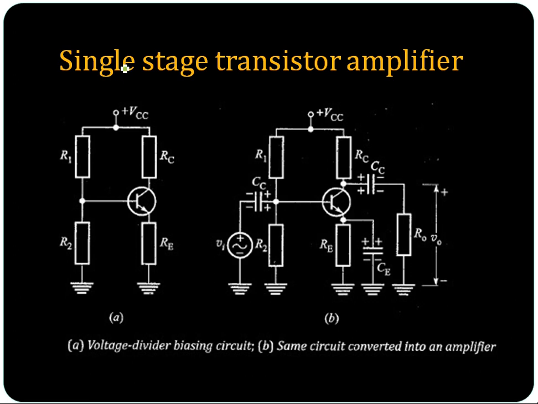So this is the voltage divider biasing circuit, and this is the same circuit which is converted into an amplifier. This you are familiar with from the voltage divider biasing circuit analysis. So when the circuit is converted into an amplifier, what are the additional things coming to the circuit? You can see this is the signal which you want to amplify, Vi, and Vo is the output signal.